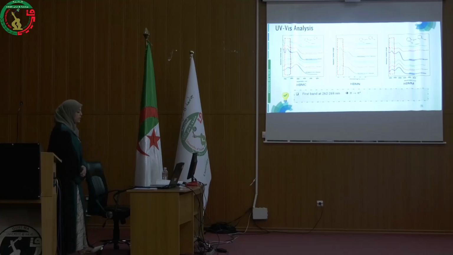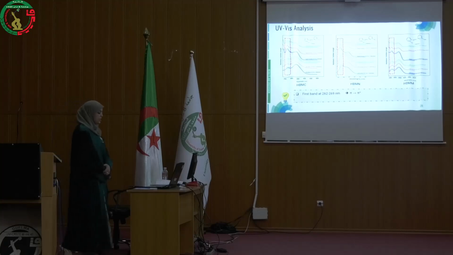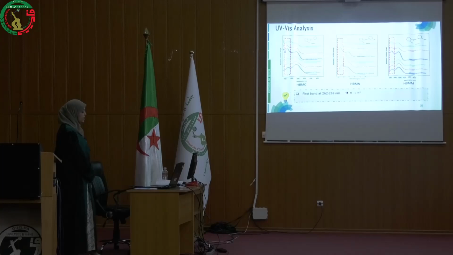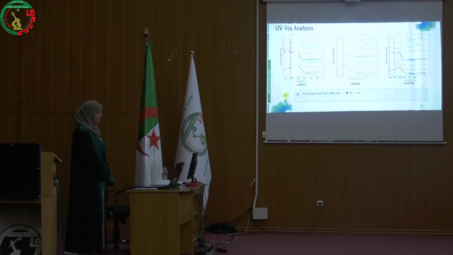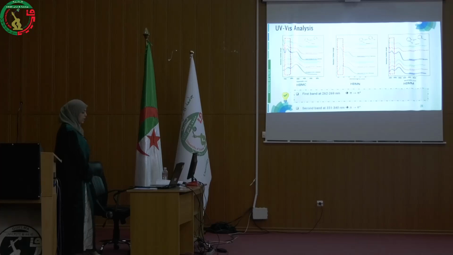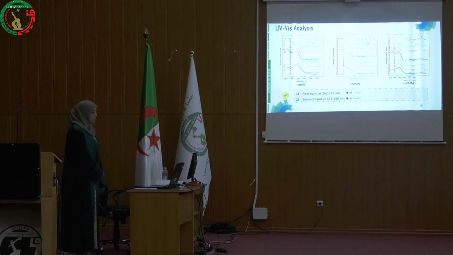The first band, positioned within the 262 to 269 nanometer range, is characteristic of the π-π* electronic transitions. The second band, observed in the range of 331 to 337 nanometers across the three solvents, is attributed to the n-π* transition.